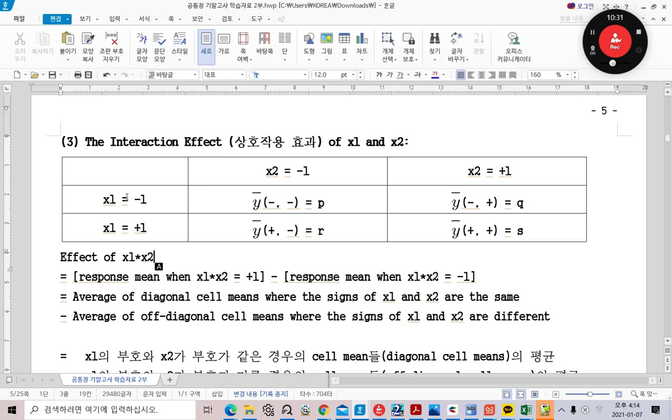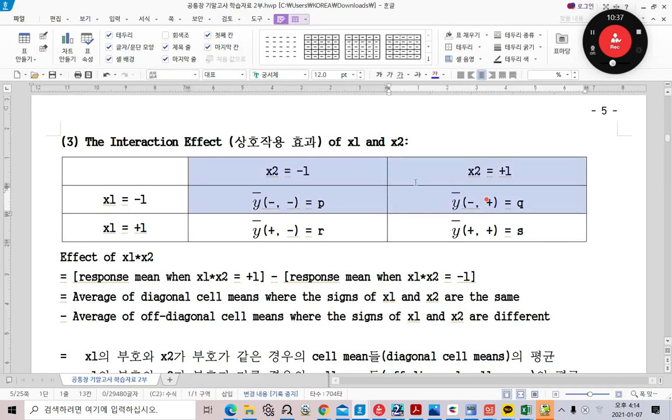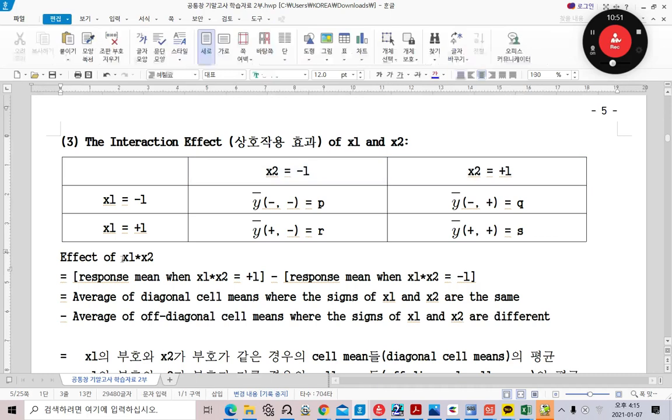Translation. X1의 레벨이 마이너스 1 플러스 1이고 X2의 레벨이 마이너스 1 플러스 1일 때는 그 X1과 X2 사이의 인터랙션 상호작용 효과, interaction effect는 the effect of X1 times X2, X1 곱하기 X2의 effect 효과로 적용이 됩니다.